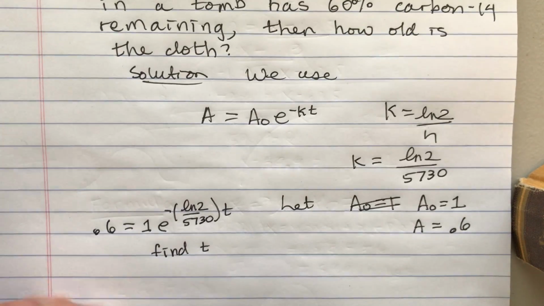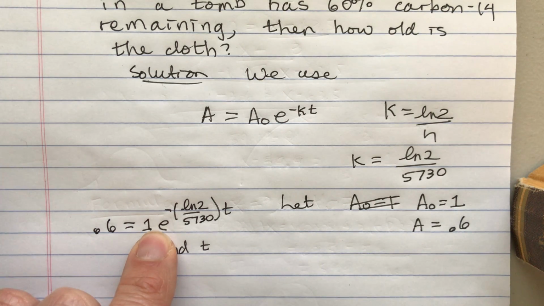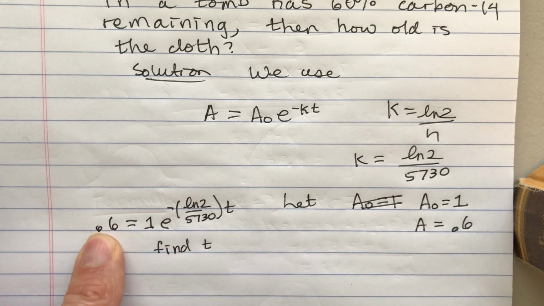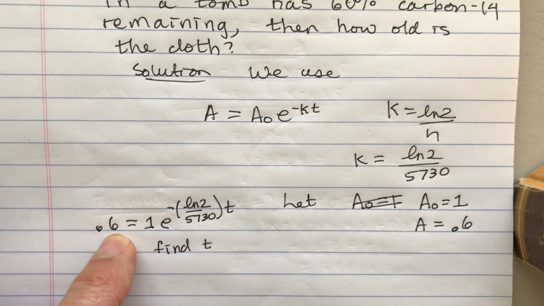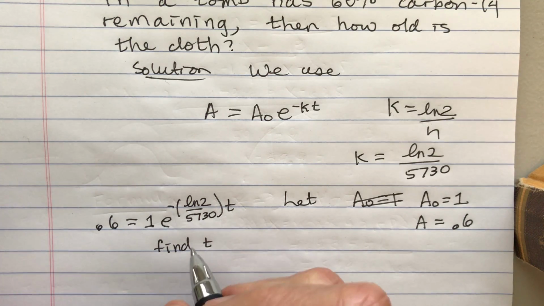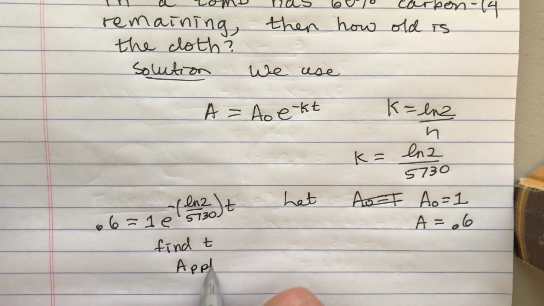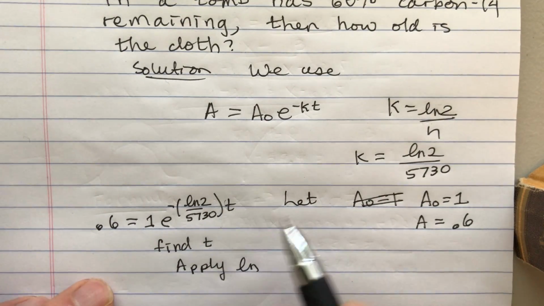Let me go over this again with an A0, how I pick that. I could pick any number, like 100, but A should be 60% of that. So if I have 100 over here and 60 over here, I would divide both sides by 100 and get 60 over 100, which is 0.6. So I'd end up in the same place anyway. Then we apply ln, which is how we solve exponential equations when you have a t up in the exponent.